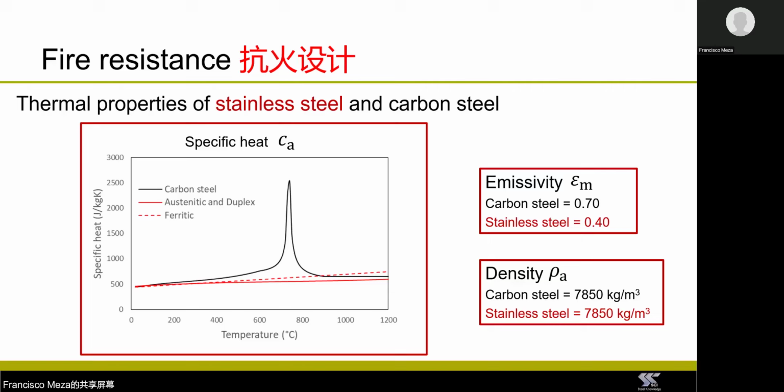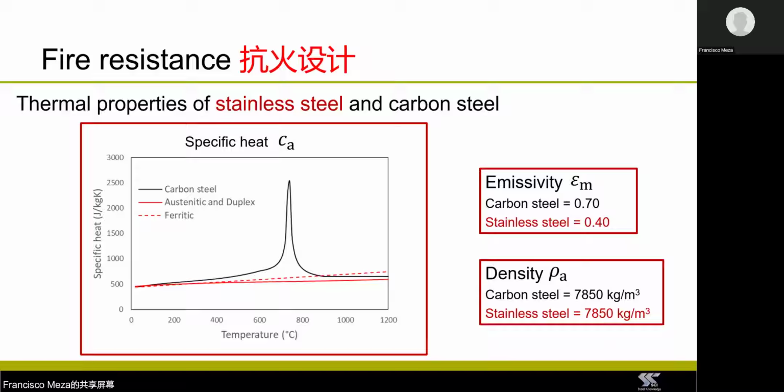So for carbon steel, which has a surface emissivity of 0.7, that means that it will tend to absorb more radiated heat than stainless steel, which has a surface emissivity of 0.4 only. And this means that the temperature of carbon steel will increase faster due to the radiative heat than the temperature of stainless steel.